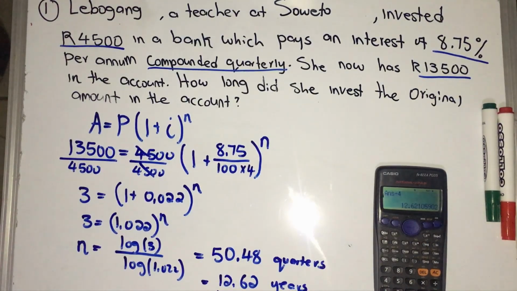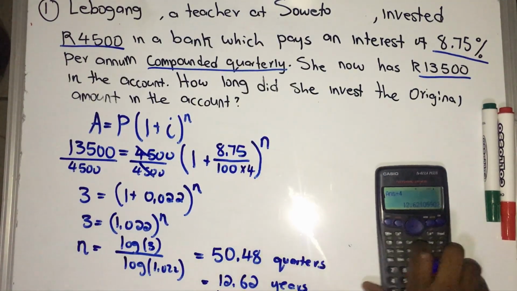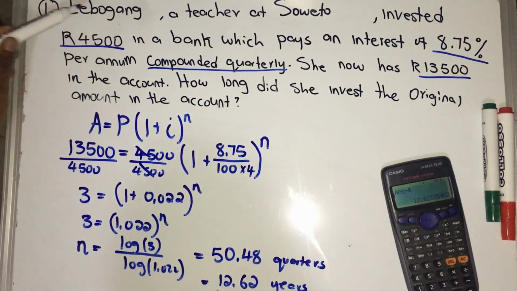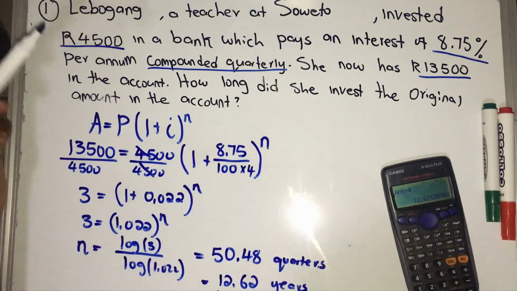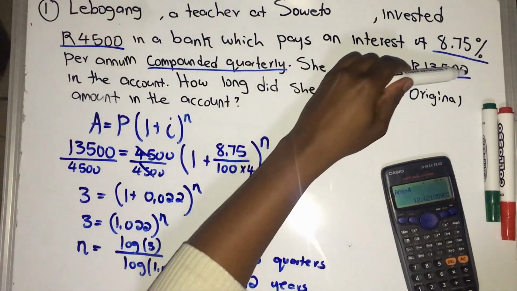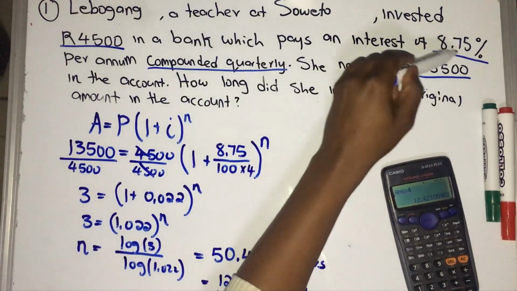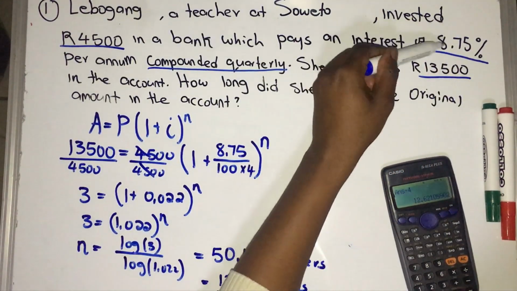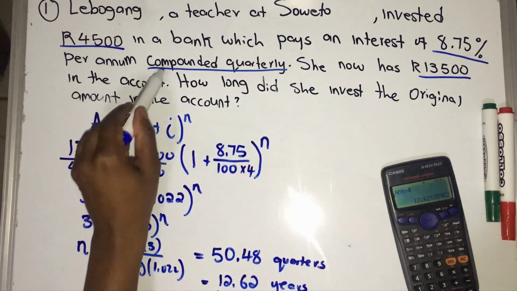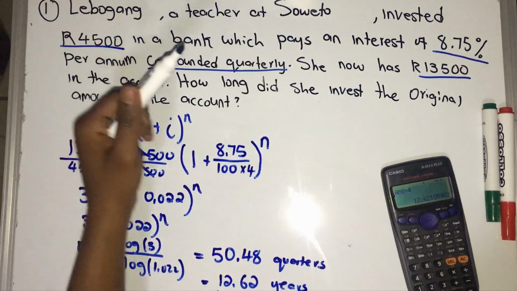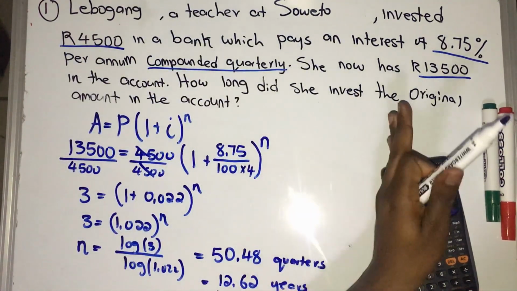Okay, so this is how we solve this question. We could see that there's only one payment made into the bank, which is 4,500 rands, and after some time it has grown to 13,500 rands, with an interest rate of 8.75 per annum, compounded quarterly, meaning the interest is paid every quarter.